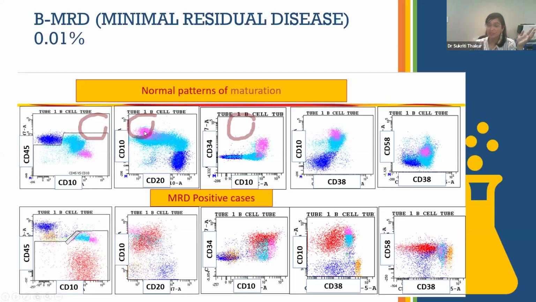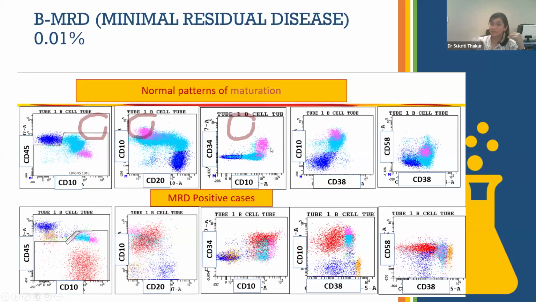The pink population is my stage 1 hematogones, which are CD10 brighter. As they mature they lose CD10 and become stage 2 hematogones, and as they mature towards complete mature B cells, they become CD20 bright. In this way, the maturation goes on.